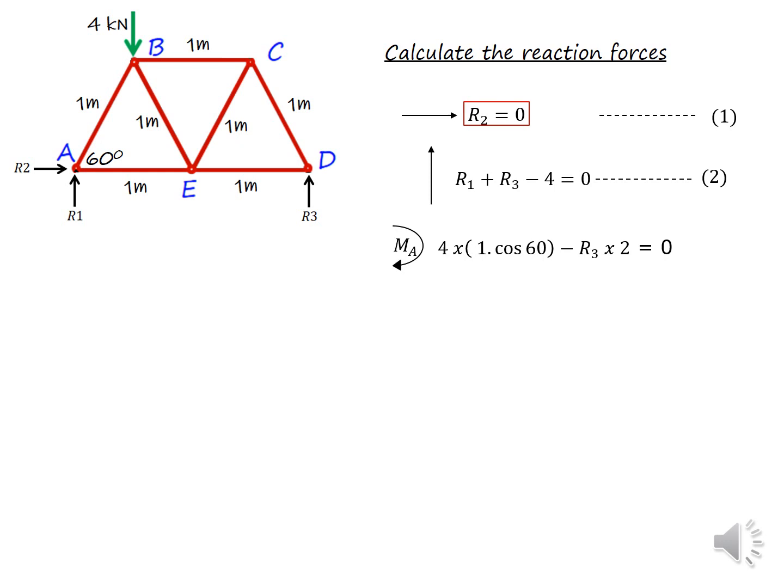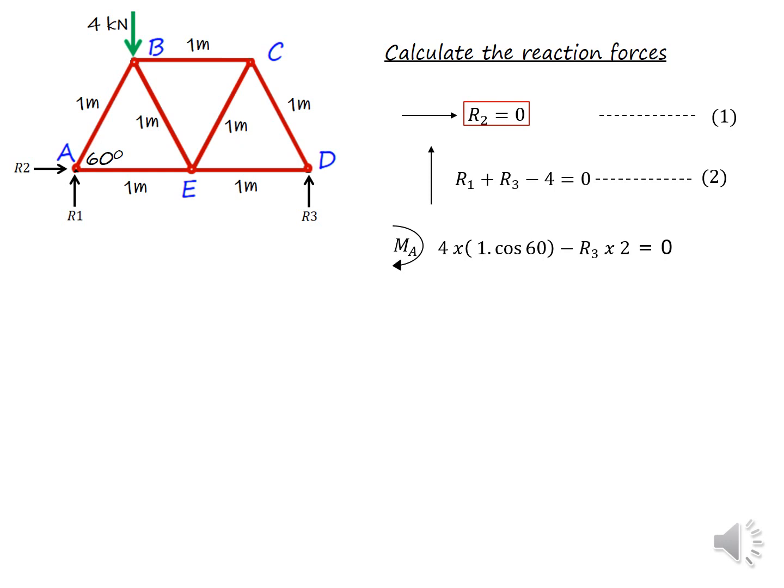The external load 4 creates a clockwise moment. The distance from A to the load action line is 1 meter times cos 60, so the moment is 4 into 1 cos 60. It acts in the clockwise direction, so it is a plus value.